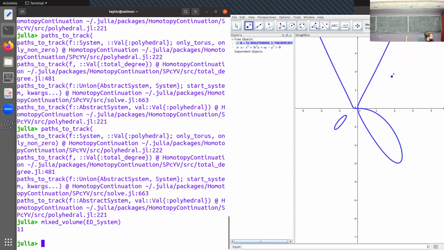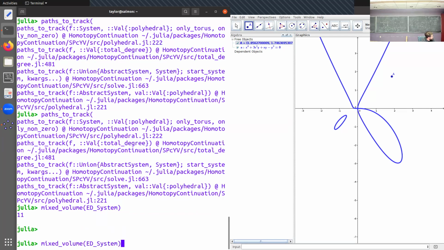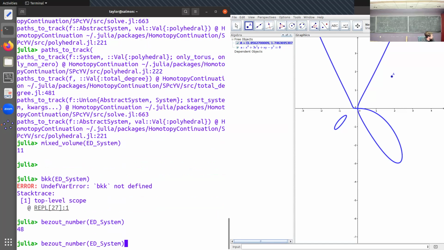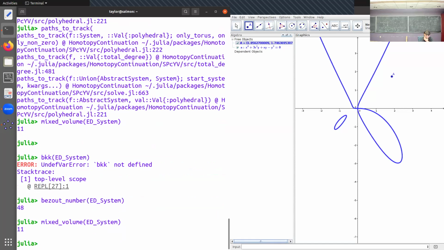Okay. So far, we've computed that the Bézier number is 48. Mixed volume is 11. So we expect at most 11 solutions in the torus. Okay.